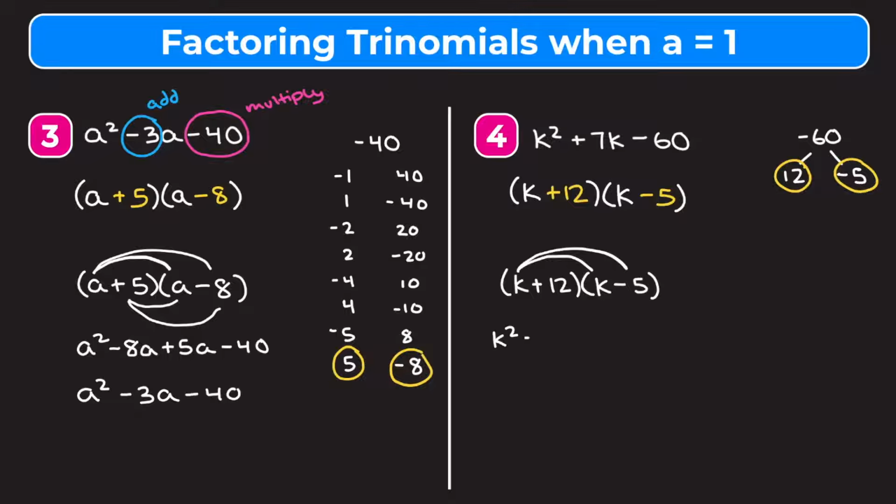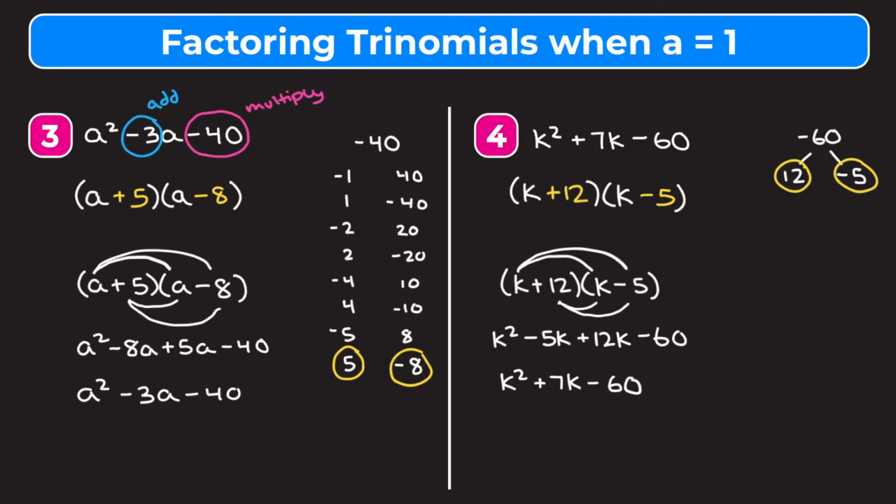K times minus 5 is minus 5k. 12 times k is plus 12k. And 12 times minus 5 is negative 60. So we get k squared minus 5k plus 12k is plus 7k minus 60. So because we get our original expression, we know that we factored correctly.